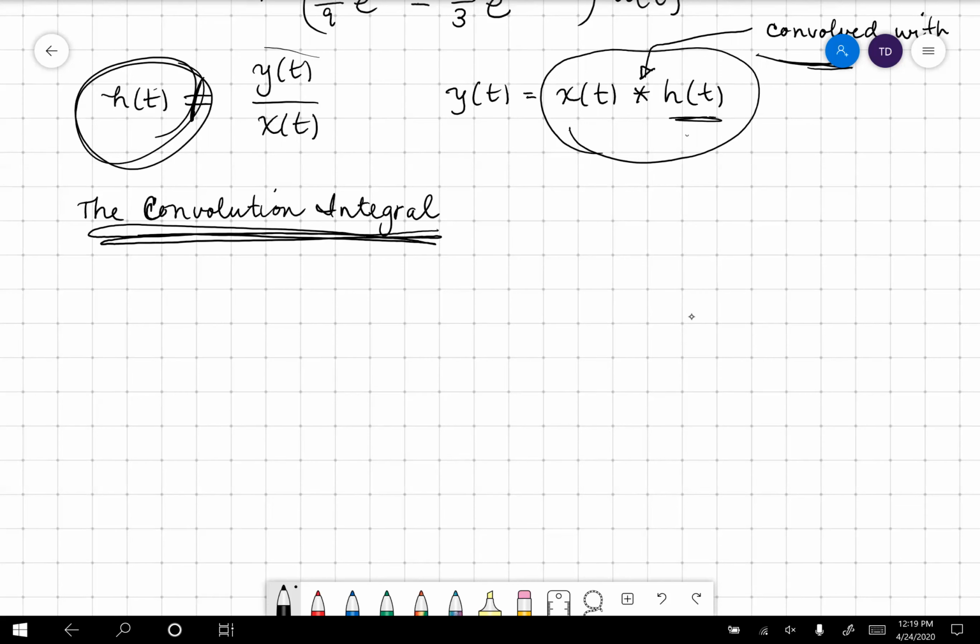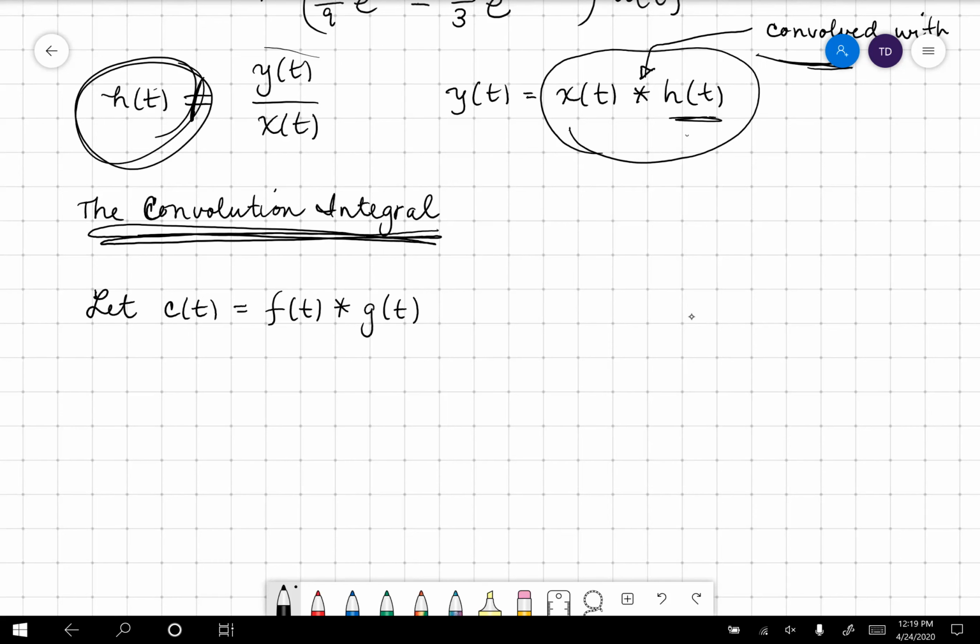The definition of convolution is the following. Let c of t, c stands for convolution, be equal to f of t convolved with g of t.